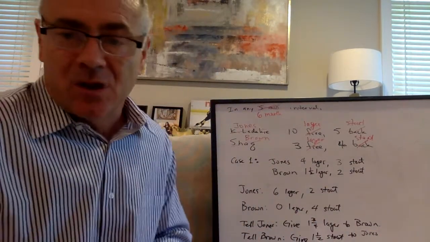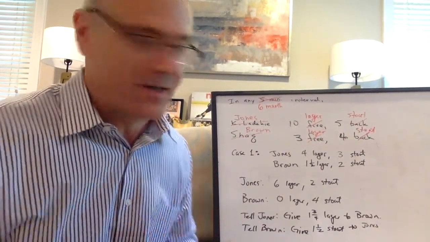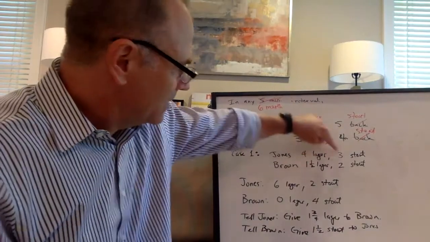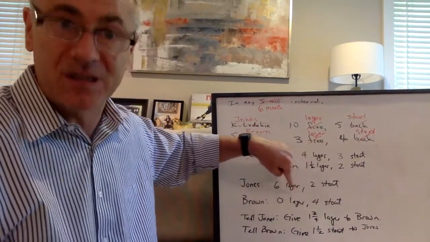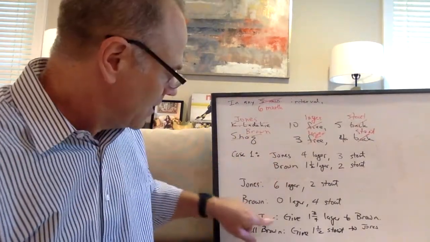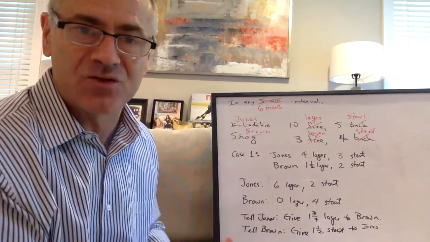Okay, so what we've done is we have said we're the benevolent dictator. Before, this is what they were producing. Now we're telling them produce different amounts, and we've told them to give to each other. But that's the same thing as trading.